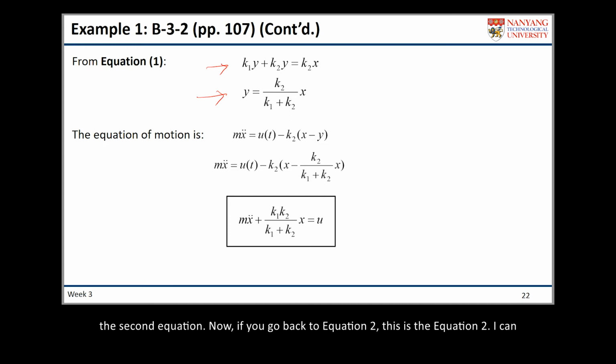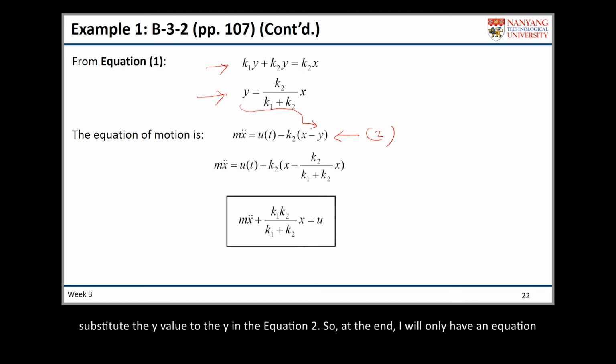Now, if you go back to equation 2, I can substitute the y value into the y in equation 2. So at the end, I will only have an equation that correlates the input u and the output x here, right?